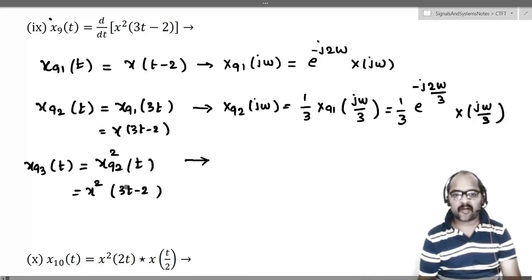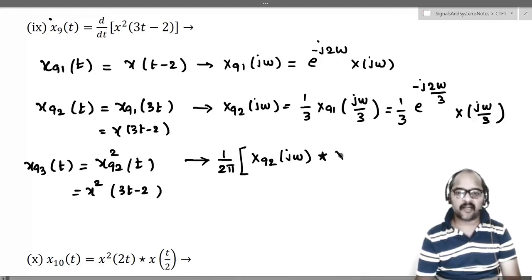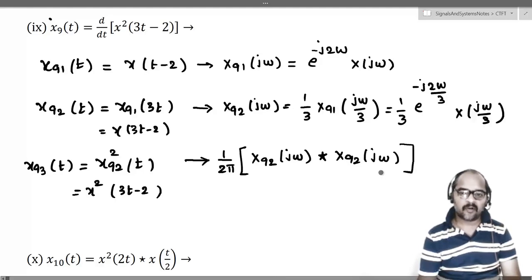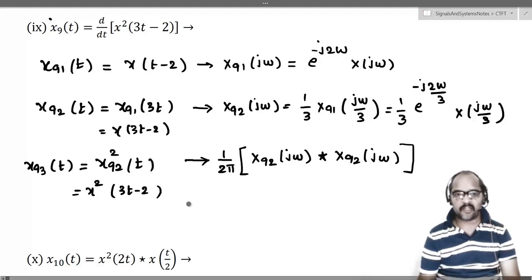What will be the Fourier transform of x92 square of t? This is multiplication in the time domain, so what should happen in the frequency domain? Convolution. Convolution of which functions? x92 of j omega with itself. We get x92 of j omega convolved with x92 of j omega.